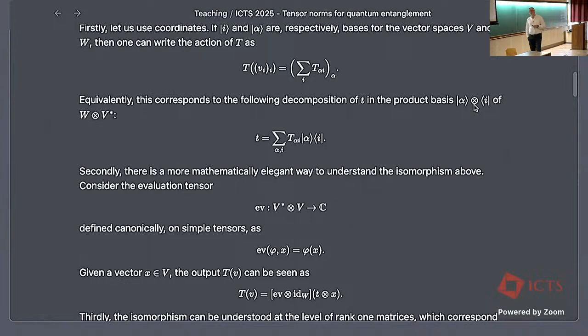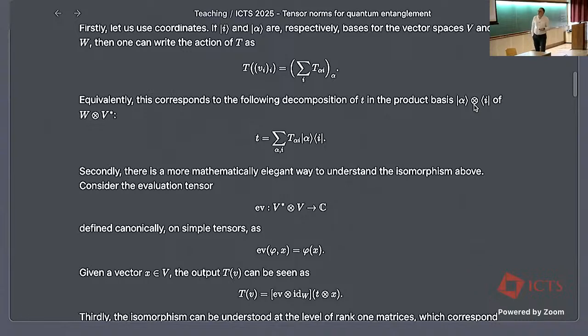It's a canonical map which goes from the tensor product V star tensor V to C, for all vector spaces V. It takes on this bilinear point of view. If you have a simple tensor, a linear form and a vector, something in V star and something in V, then the evaluation map on phi and x is simply: you put x into phi, compute phi of x. So it gives you a scalar.